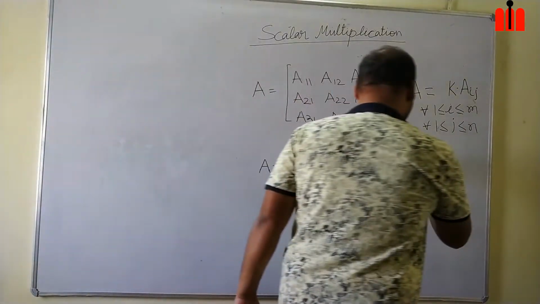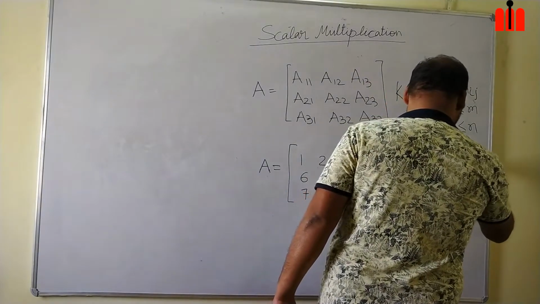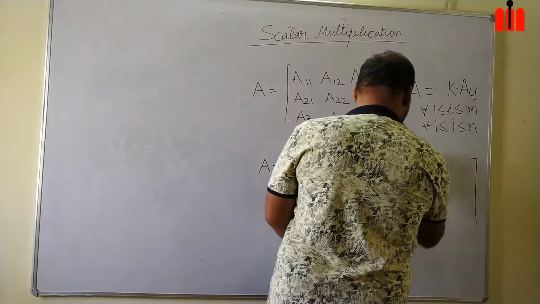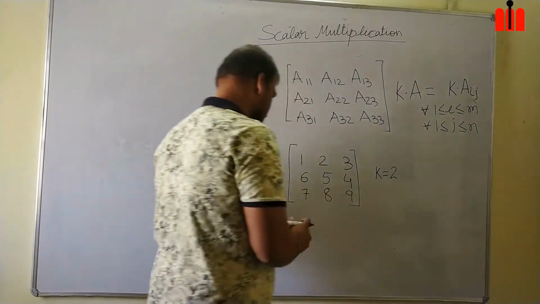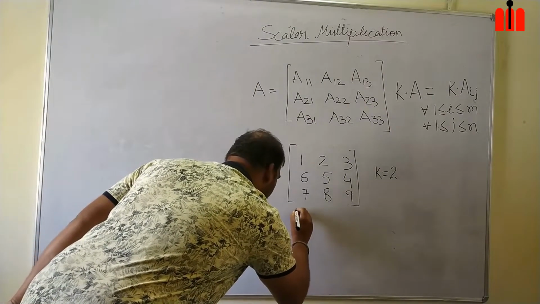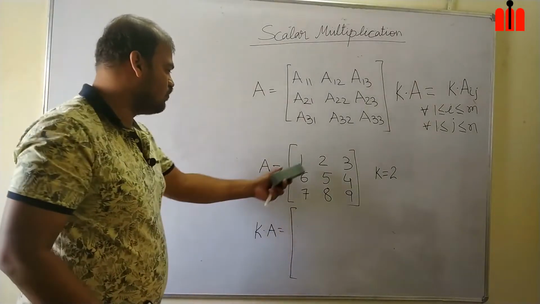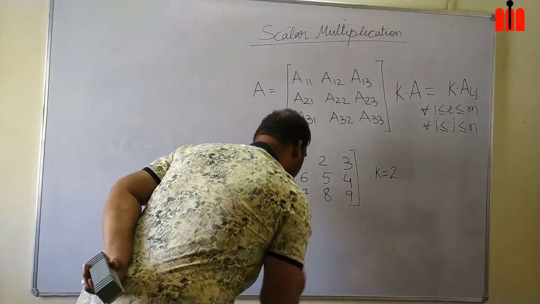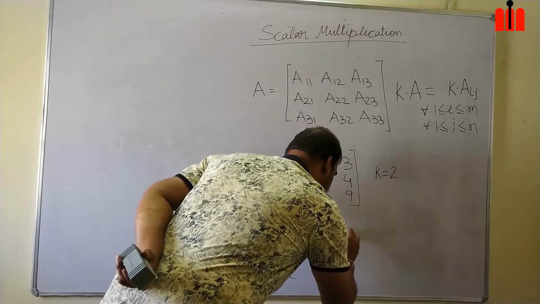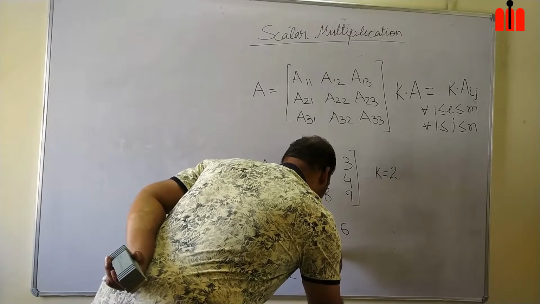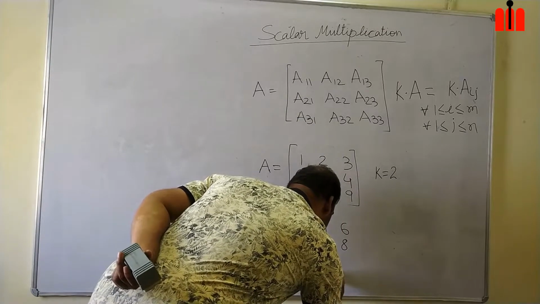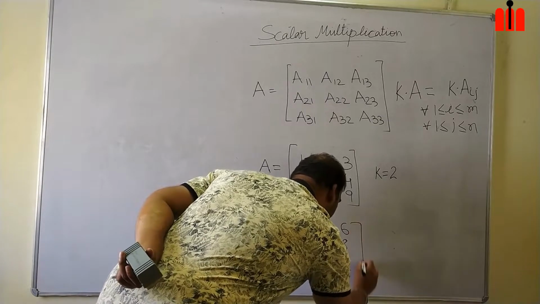So what will be my resultant matrix? This space is not sufficient to express it, so I will write it here. K into A will be: first, 1 multiplied by 2 is 2, 2 multiplied by 2 is 4, 3 multiplied by 2 is 6, then 12, 10, 8, 14, 16, 18.